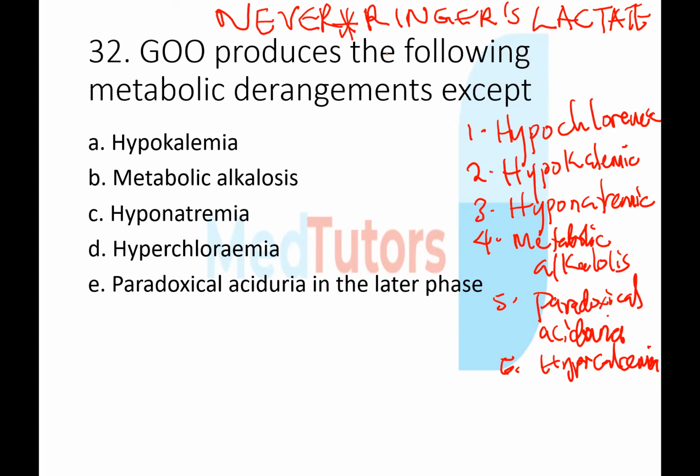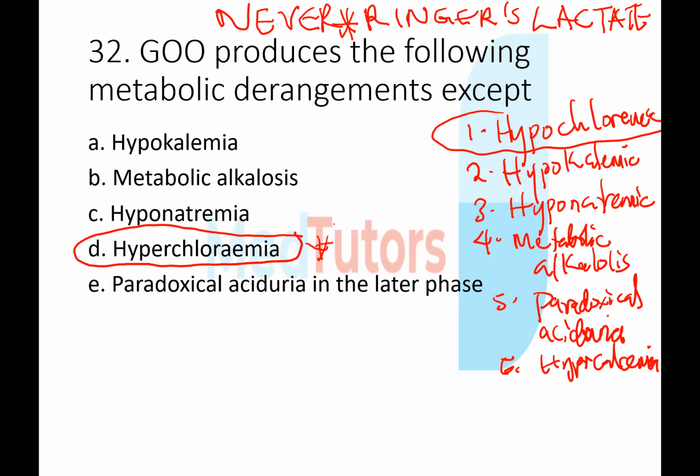From what we explained, our answer is D, because the most important electrolyte derangement in a patient with gastric outlet obstruction is hypochloremia. So this is an except. And this is the electrolyte derangement that, if it is corrected, all other electrolyte derangements will also be corrected.